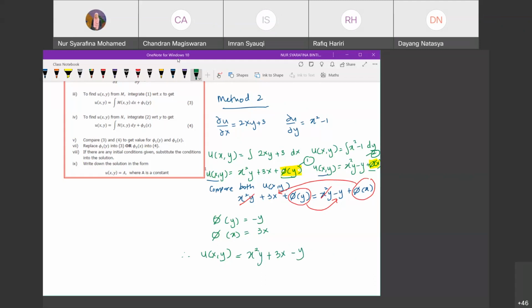Either way, both will give you the same answer. So this is your u(x,y), and the final answer should be written as u(x,y) equals a constant.